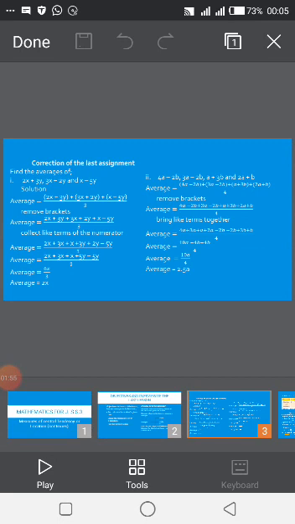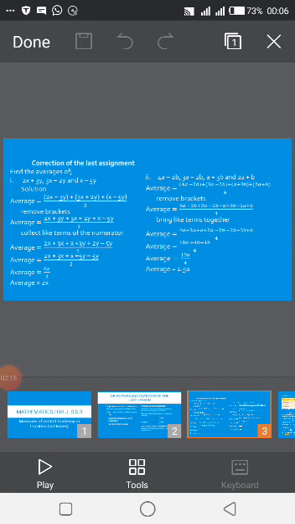So you have (2x plus 3y) plus (3x plus 2y) plus (x minus 5y), divided by 3. You are dividing by 3 because you have 3 sets of values.